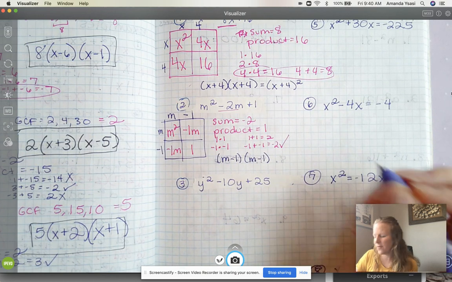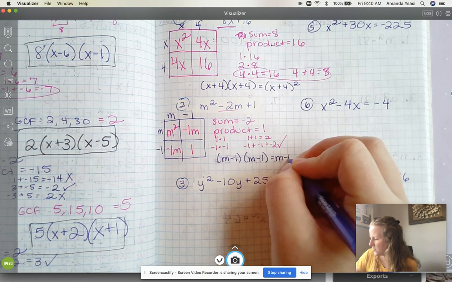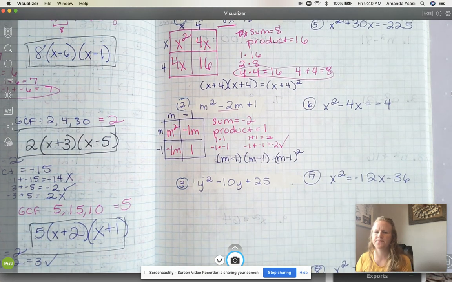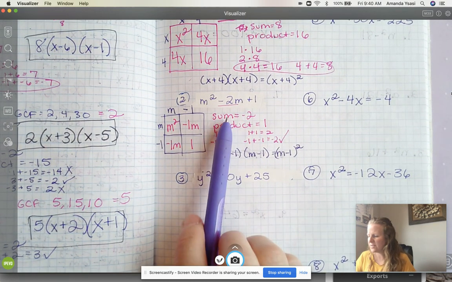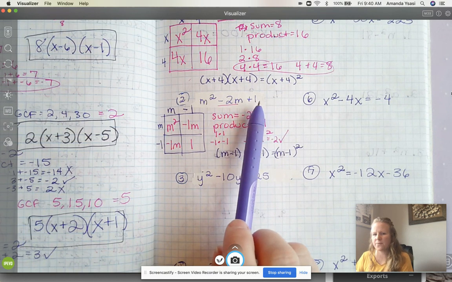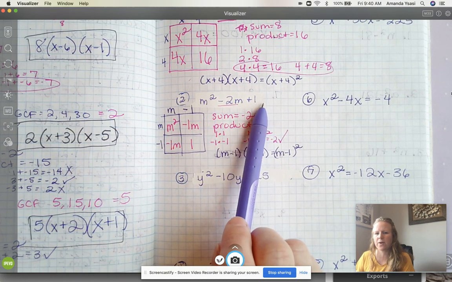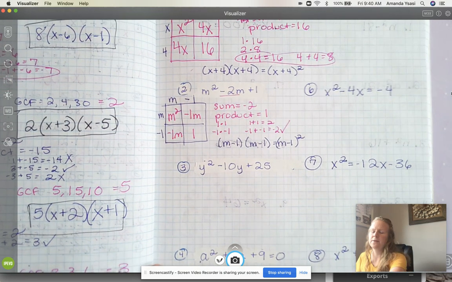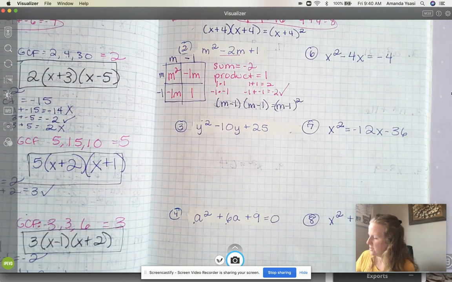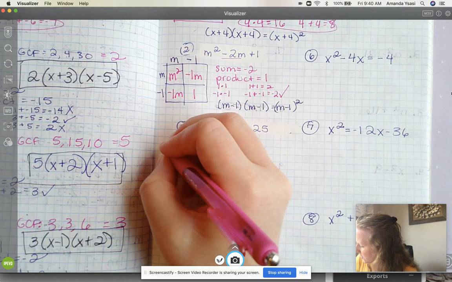And we can rewrite that as m minus 1 all squared. So see how these are special products? Because you're doing the sum and the product, and then it's actually the same two numbers.